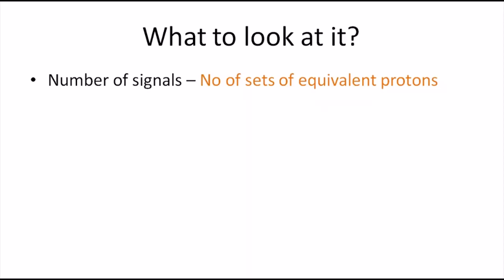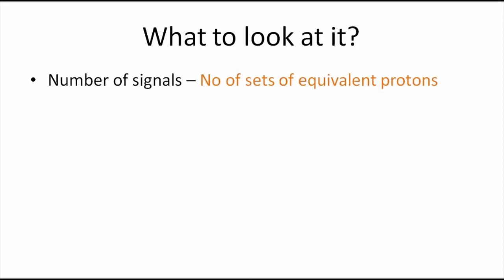That gives information about the number of sets of equivalent protons, because equivalent protons altogether give one signal, that we have already seen in the previous lecture. And therefore you have to see the number of signals, because the number of signals may give some clue to solve your problem, right?